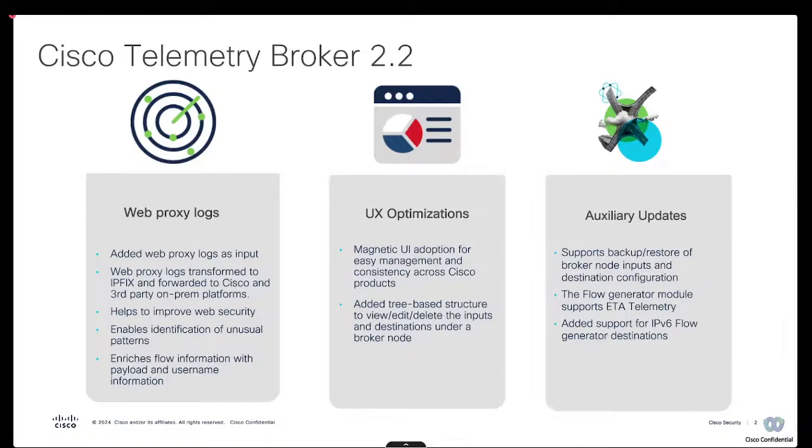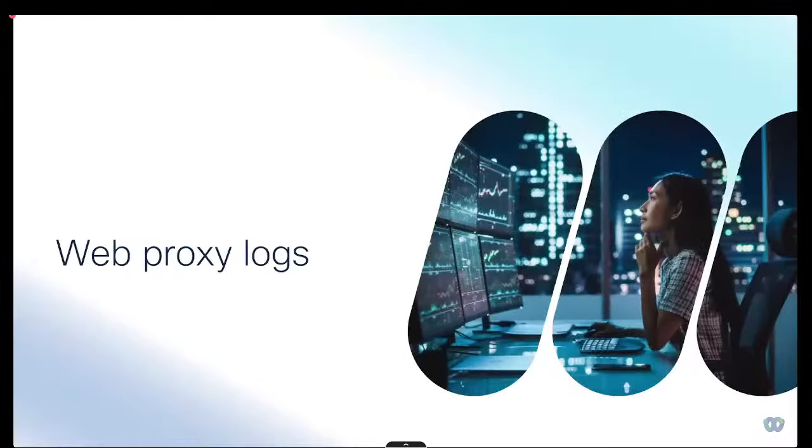We have added the possibility to generate Encrypted Traffic Analytics telemetry to power Secure Network Analytics and Cisco XDR. And we have also improved support of IPv6 by being able to send IPFIX generated from raw traffic, so the Flow Generator plugin can support IPv6 destinations.